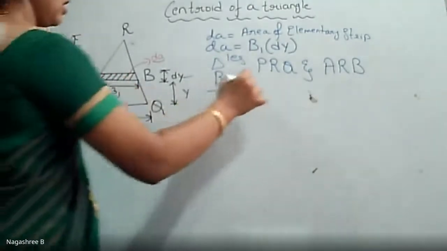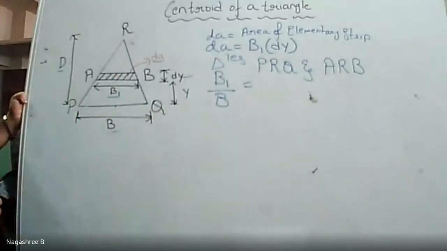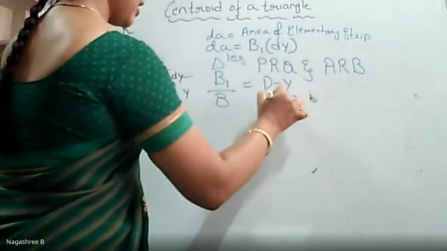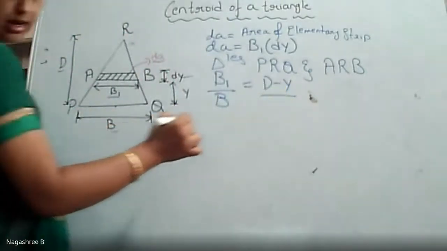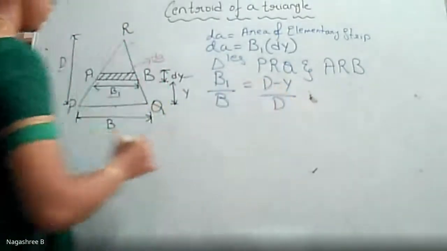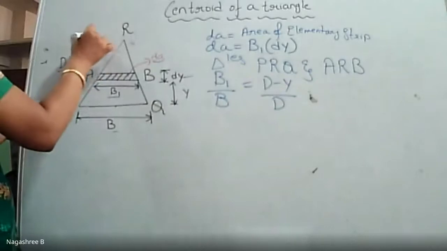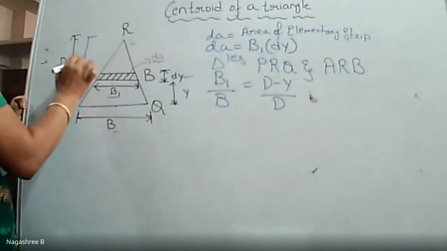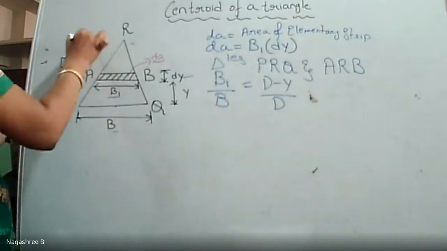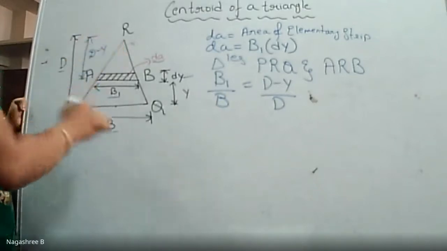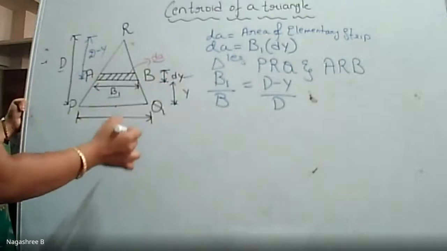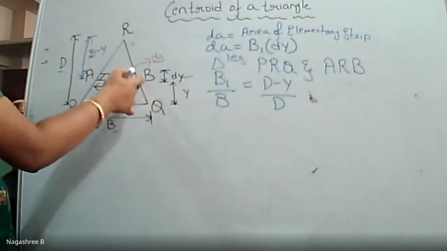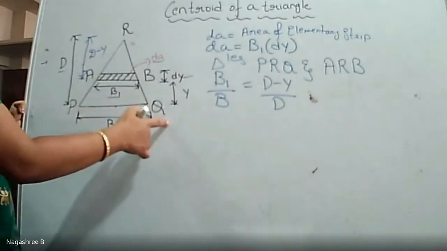B1 by B is equal to D minus Y divided by D. Here Y is the perpendicular distance of the elementary strip with reference to the base PQ.